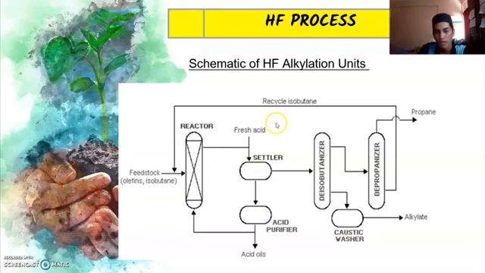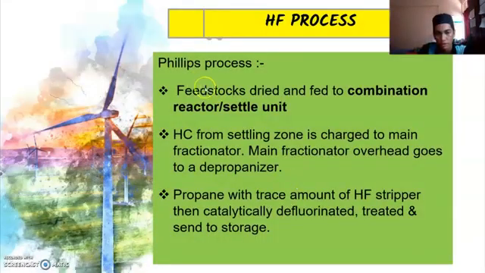Next, we go to the hydrofluoric acid process. This is the diagram of its unit. In the HF process, there are two processes, which are Phillips and UOP. So, let's take a look at Phillips first.